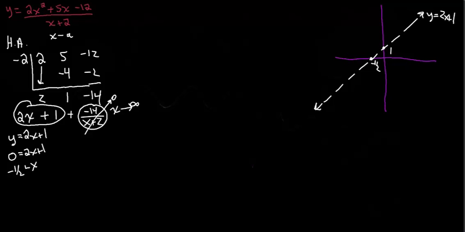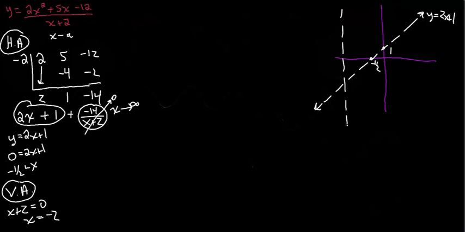Okay, let's find the vertical asymptote. For this, you're just looking at your denominator, and you're going to get that x is negative 2. So we'll draw our vertical asymptote at negative 2.